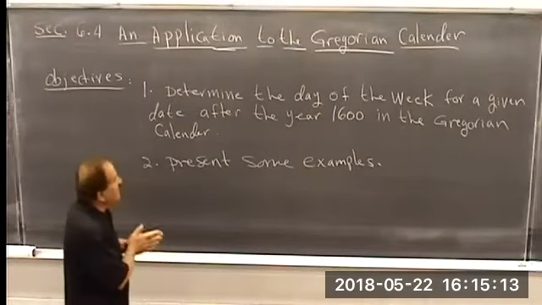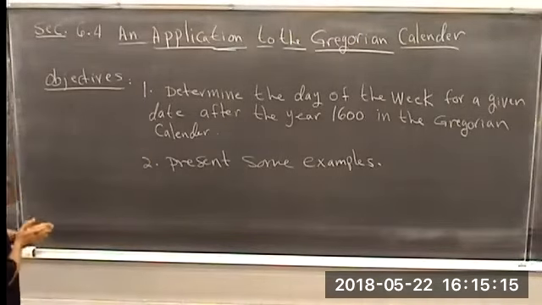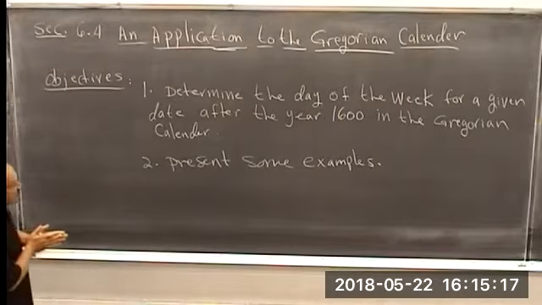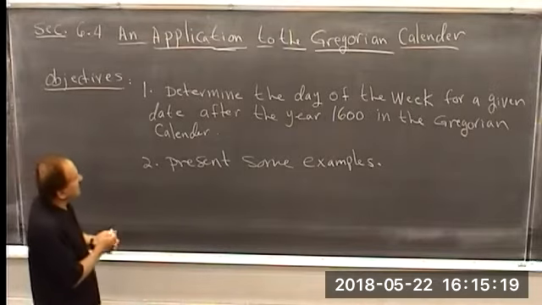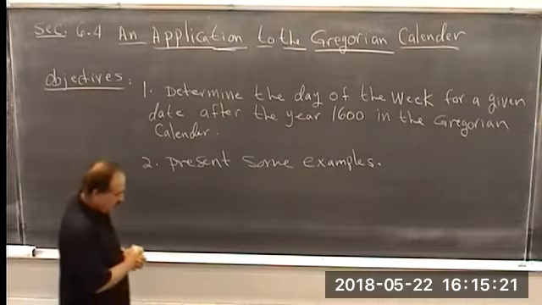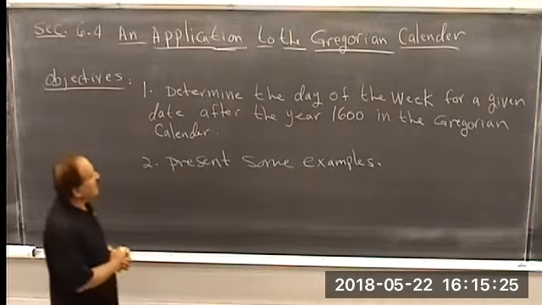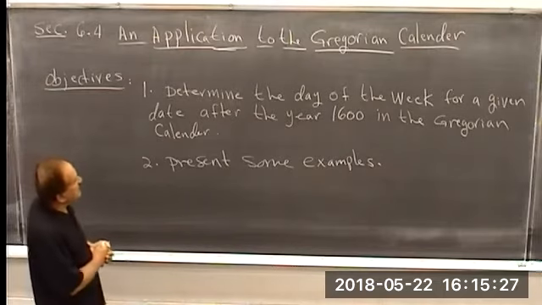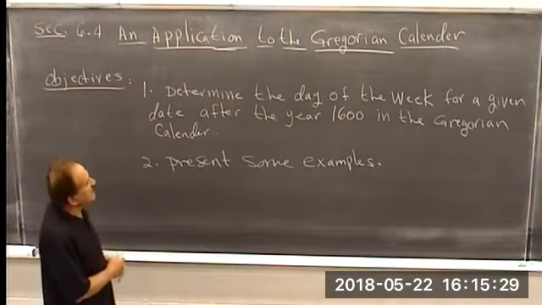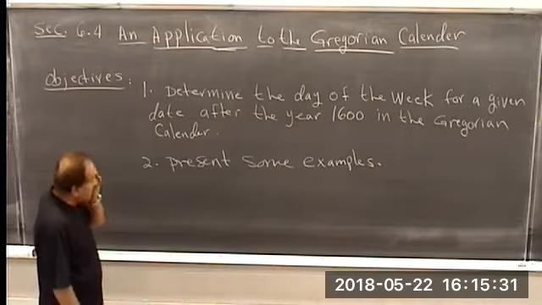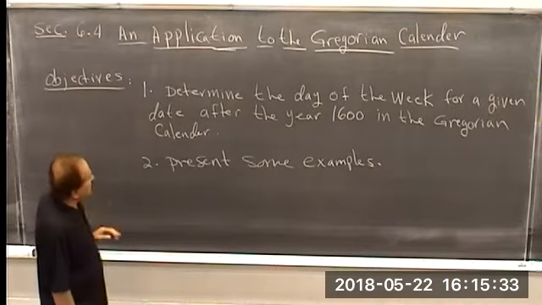All right, we're gonna go over section 6.4, and in this section we're talking about an application using congruences, or the language of congruences, to what's called the Gregorian calendar. So the objectives of this section are very short.